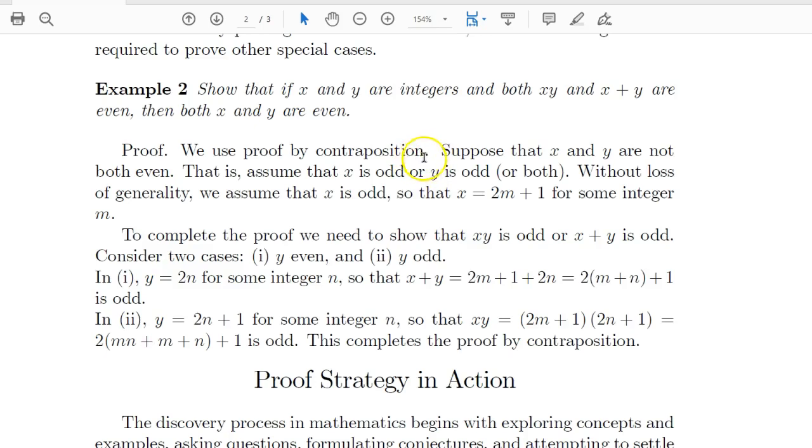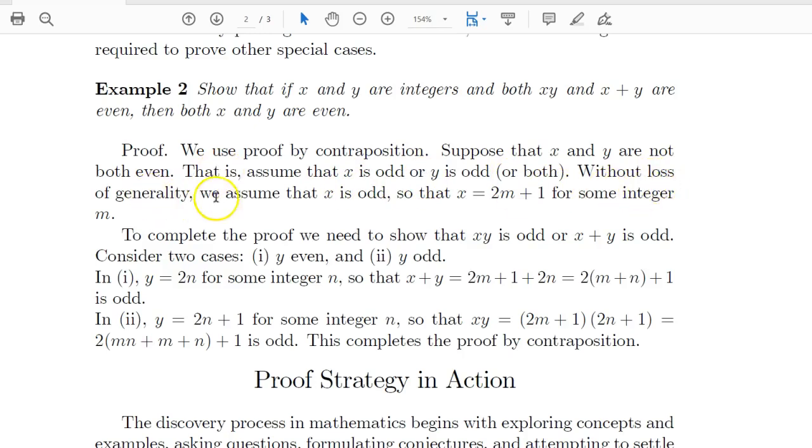Suppose that x and y are not both even, the negation of the conclusion here. That is, we assume that x is odd, or y is odd, or both.